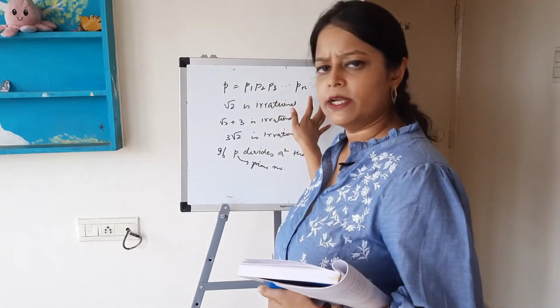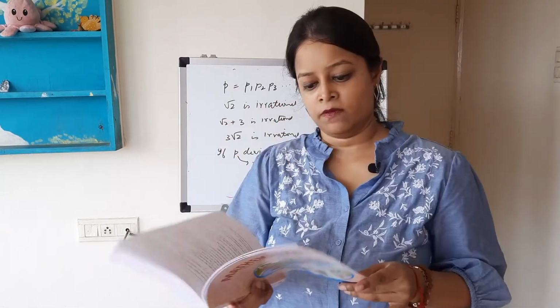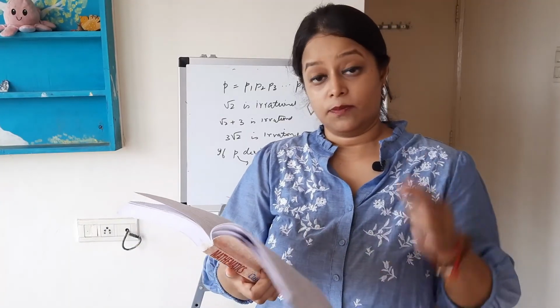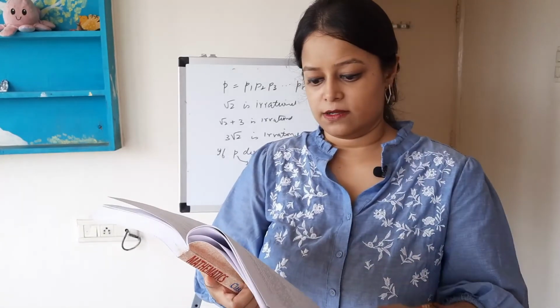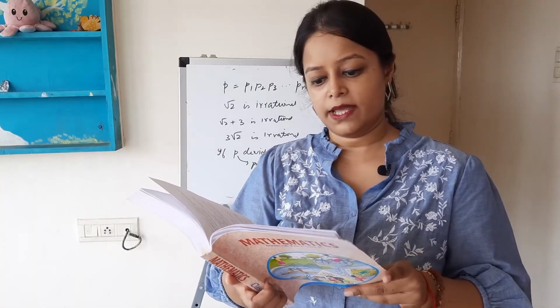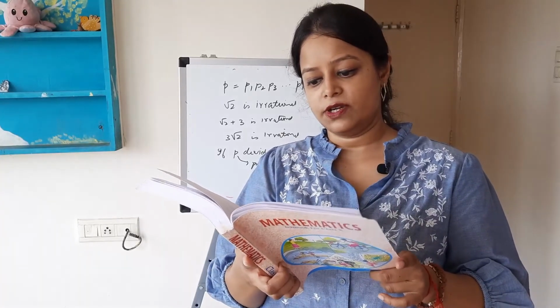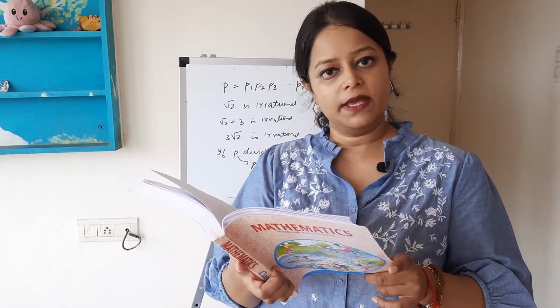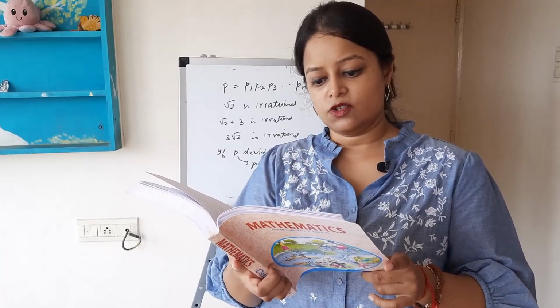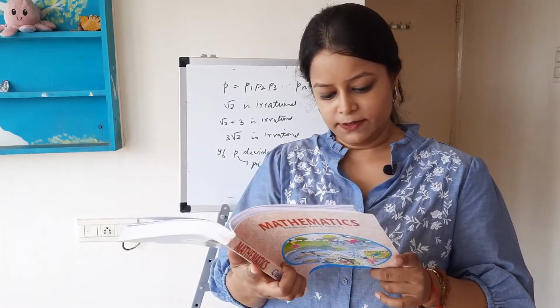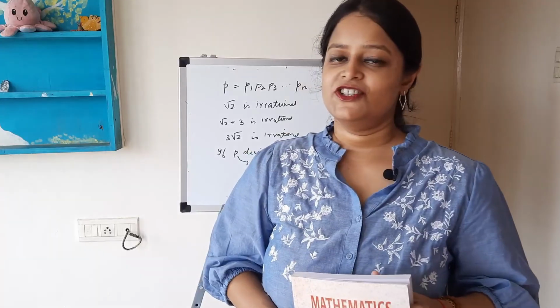If it's divided or multiplied, it remains irrational. In your previous class, you learned that a number is irrational if it cannot be written in the form p by q, where p and q are integers and q is not equal to 0, right?